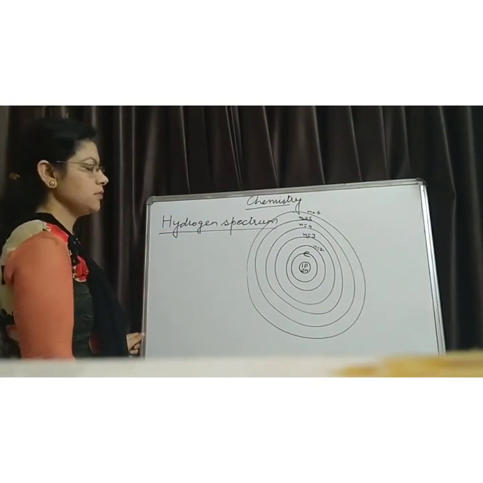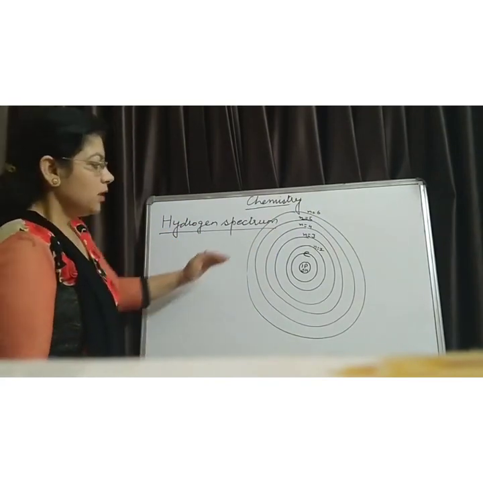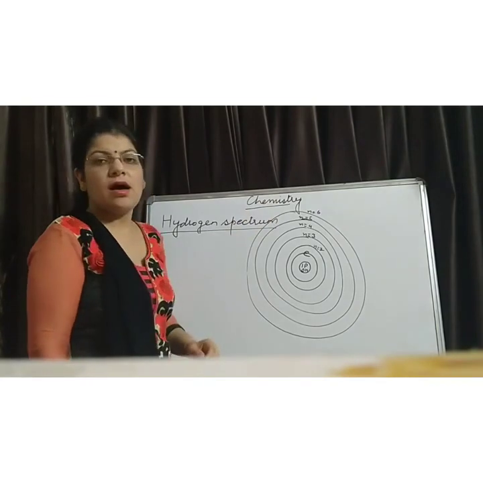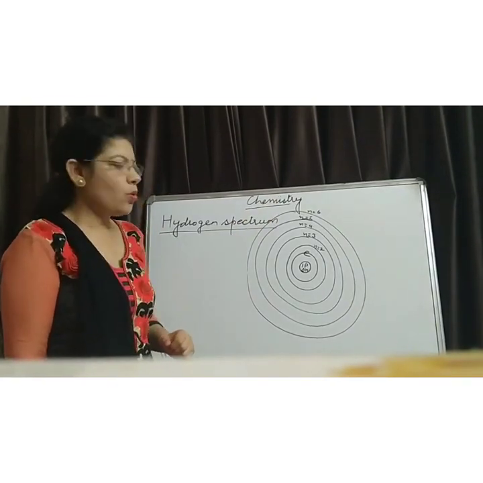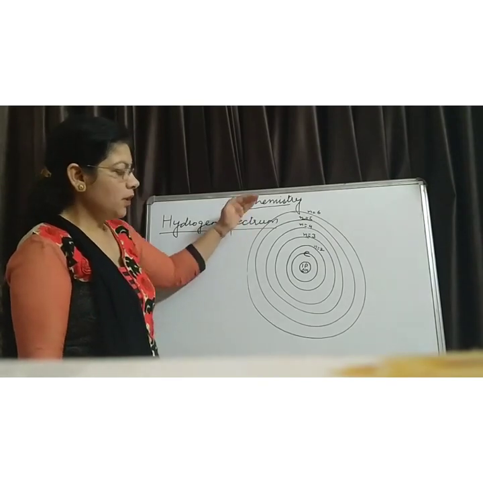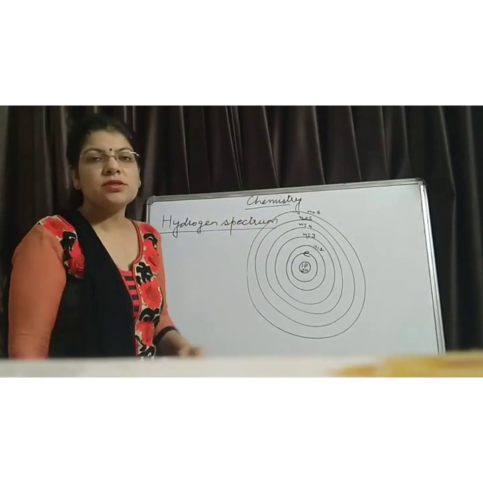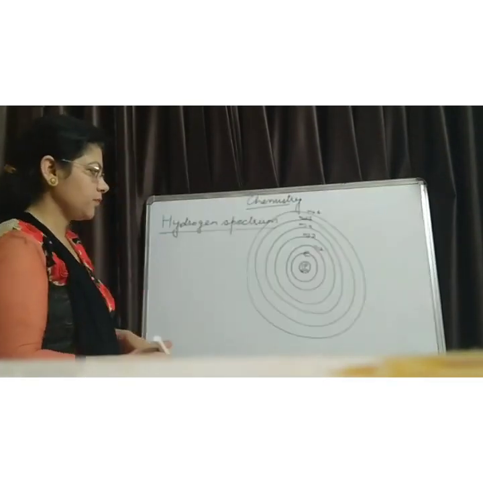What will happen? As these excited states are unstable, so the electron jumps into inner orbits to become stable.